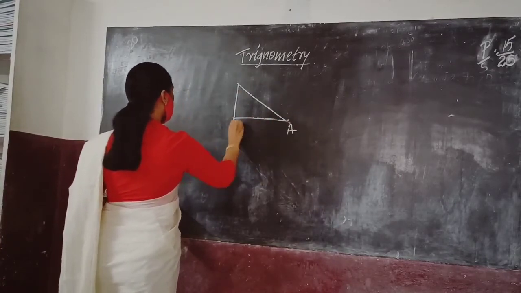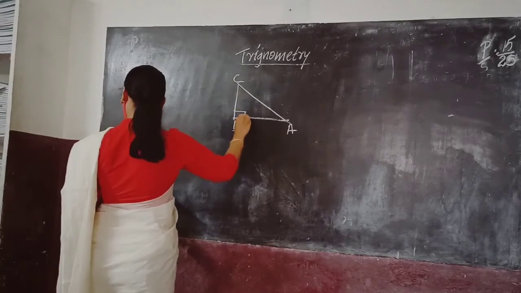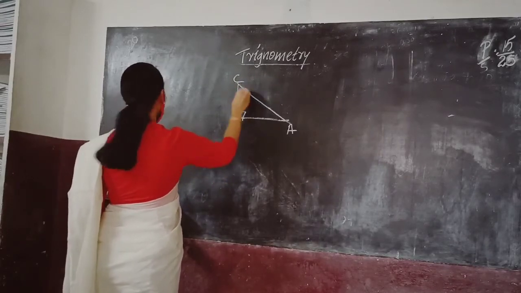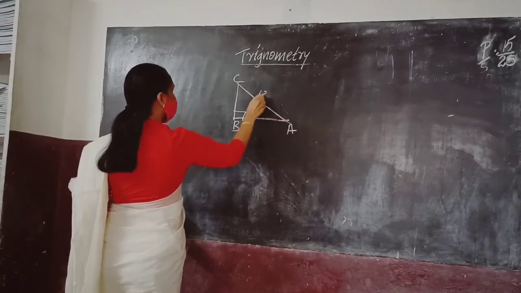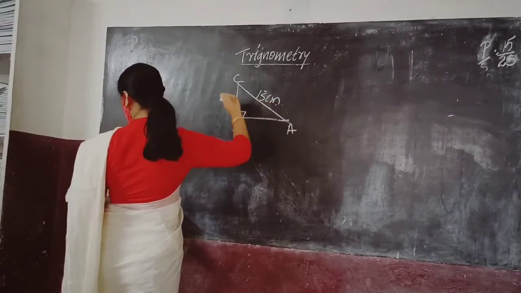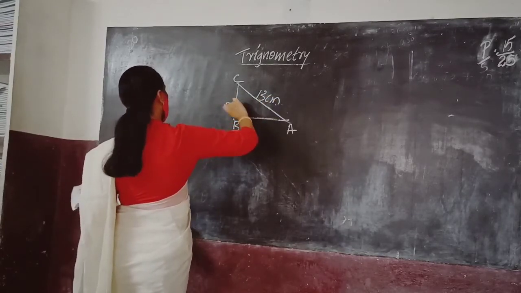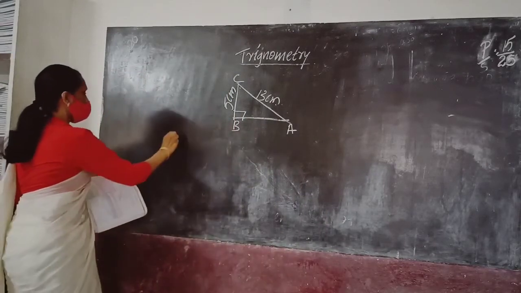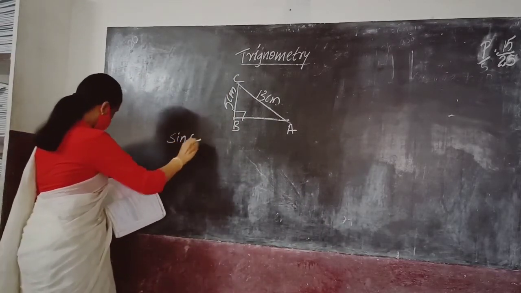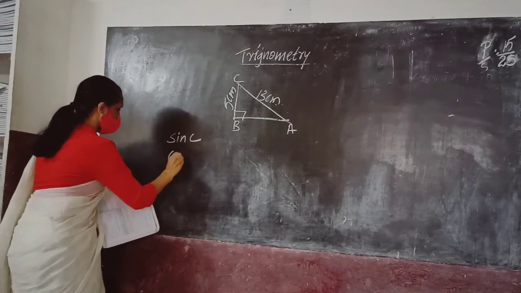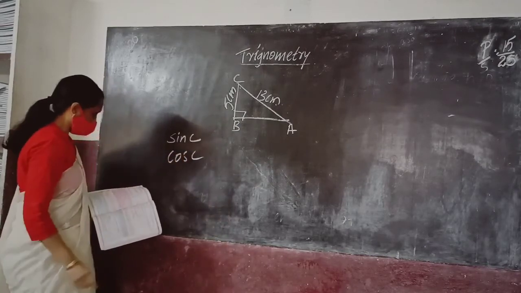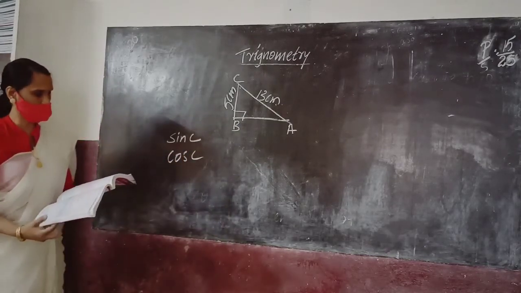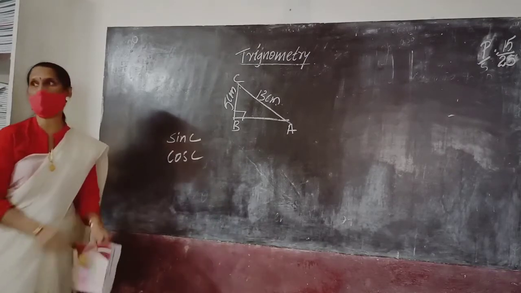ABC, A is a right angle, and AC is 13 centimeter. BC is also given as 5 centimeter. Here the question is, you should find out sine C, next cos C.